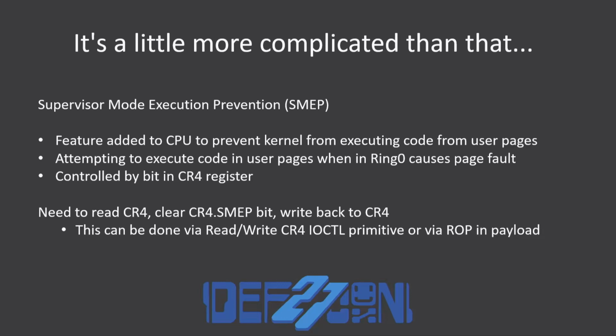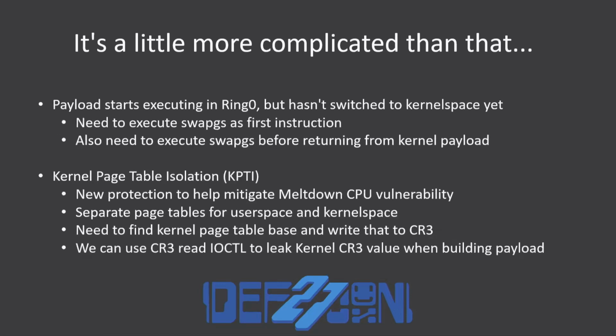This is controlled by a bit in the CR4 register. So if we have a read-write primitive for control registers, we can read the CR4 value, clear the bit, and write it back to CR4 in order to get around supervisor mode execution prevention.